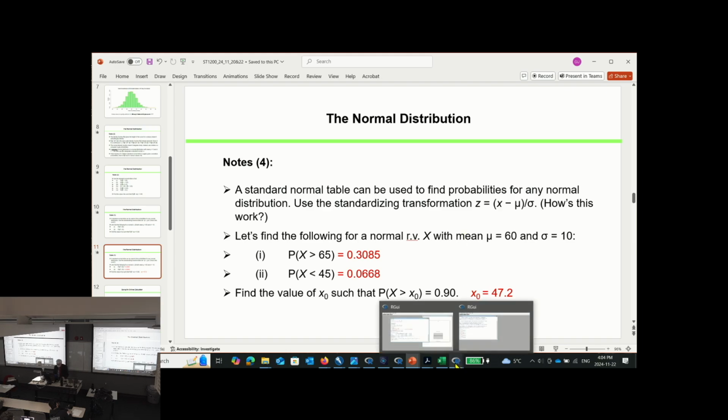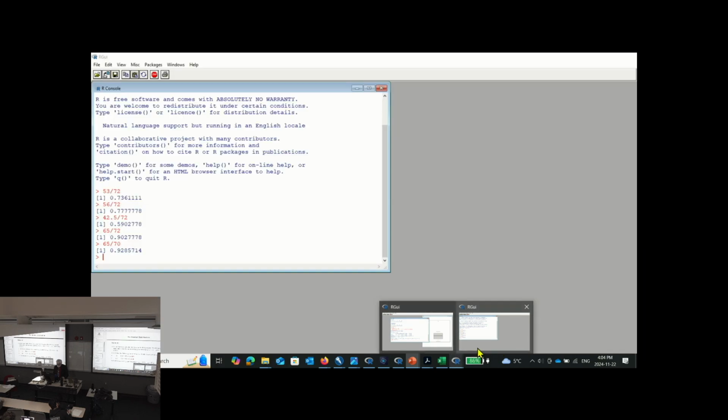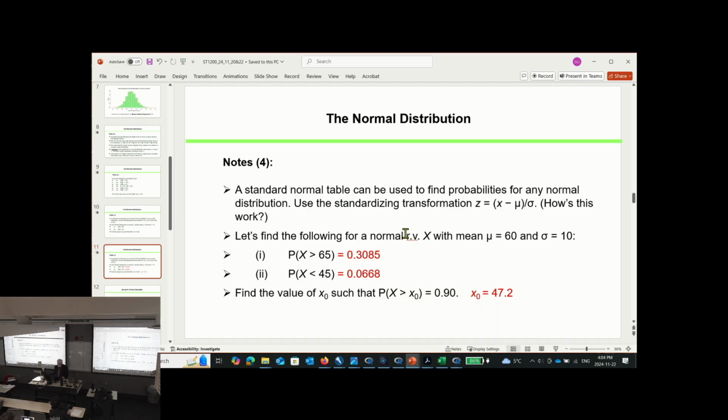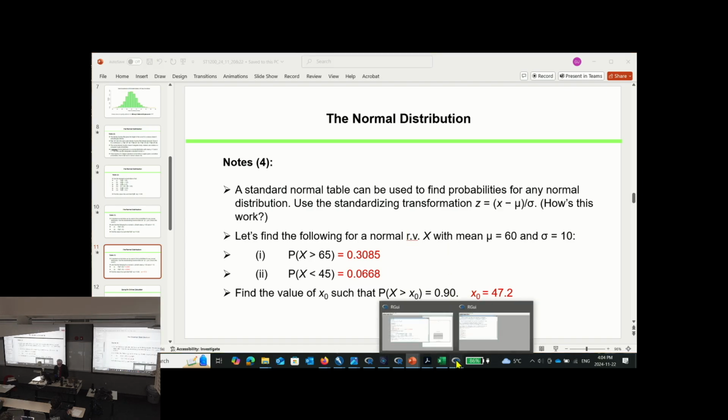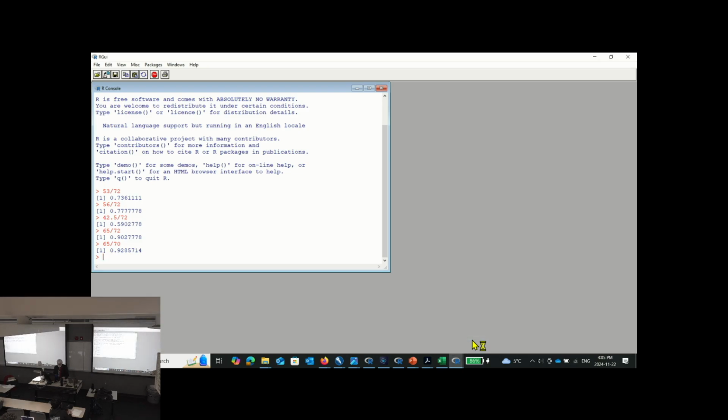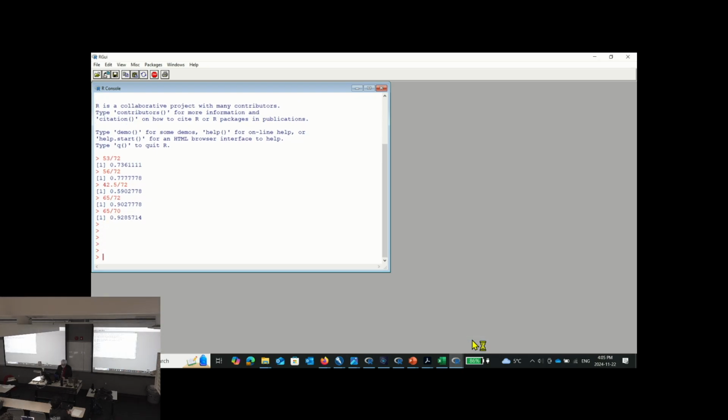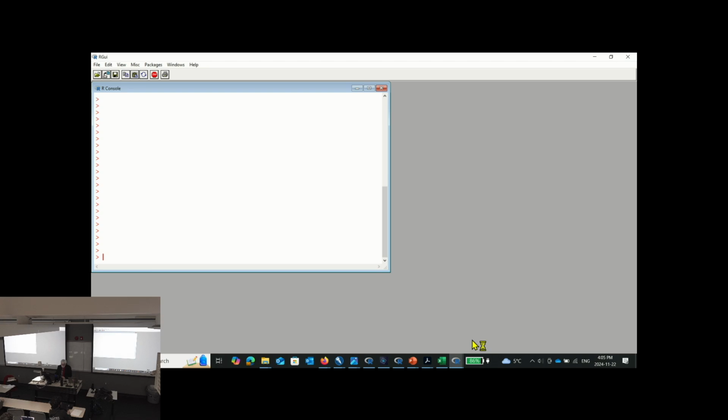Actually, I can bring up any R window. It doesn't matter which one I bring up. What was I working on? Just some random numbers here. Okay. Well, I was working out a couple of numbers, but nothing important. Okay, so let's just bring up this R window right here, and let's get that out of the way. Okay.